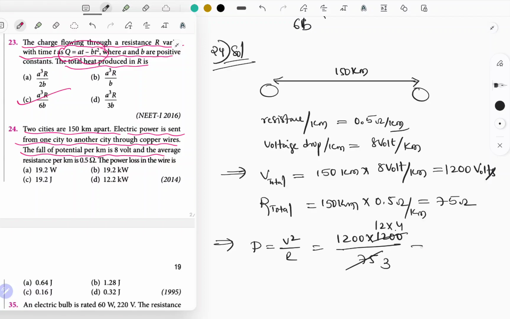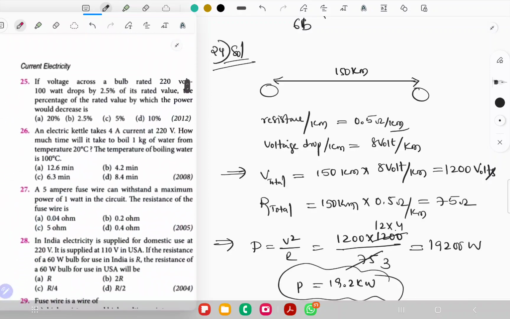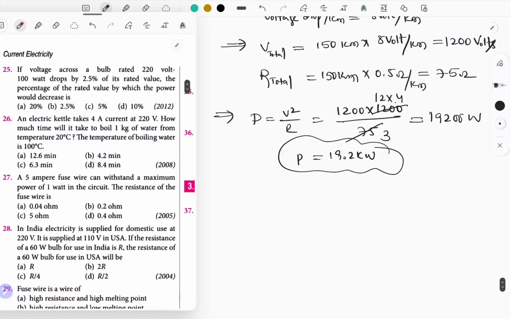So if you multiply this, we are going to get approximately equal to 19200 watts, which is equal to 19.2 kilowatt. So this is the power dissipated. Which option matches? Option B is the correct answer. Got it? Okay. So let's move on to the next question. Question number 25.